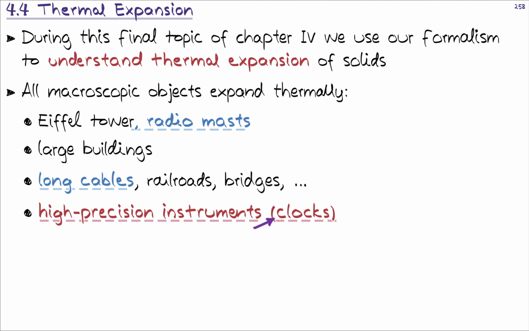And I think in the early 1900s there was really a revolution in high precision instruments and timekeeping, due to the fact that a material was found that did not expand thermally that much, and that made it possible to build clocks that were quite accurate compared to the previous understanding.